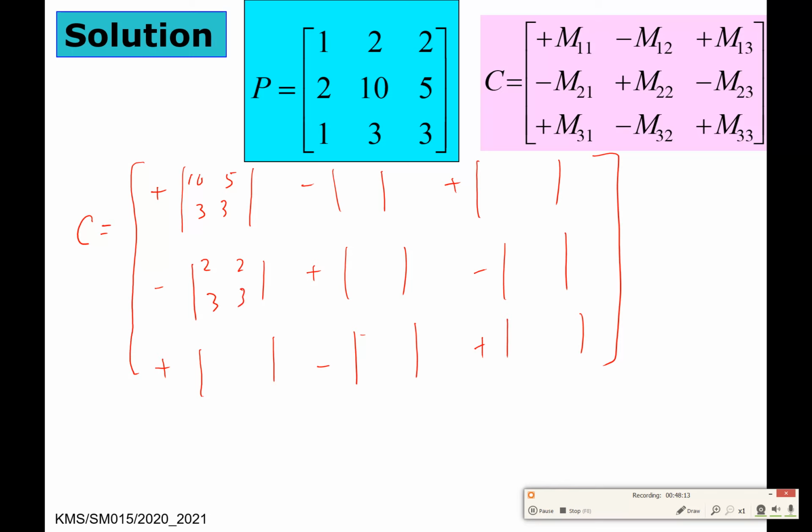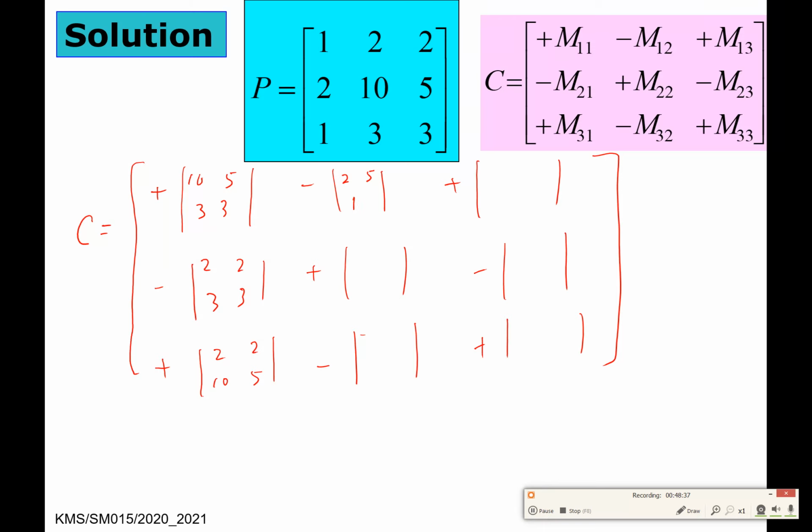Check 3, 1. So 3, 1 is 2, 2, 10, 5, and this is 1, 2. So 1, 2 is 2, 5 and 1. Then 2, 2, 5, and 1, 1, 3.